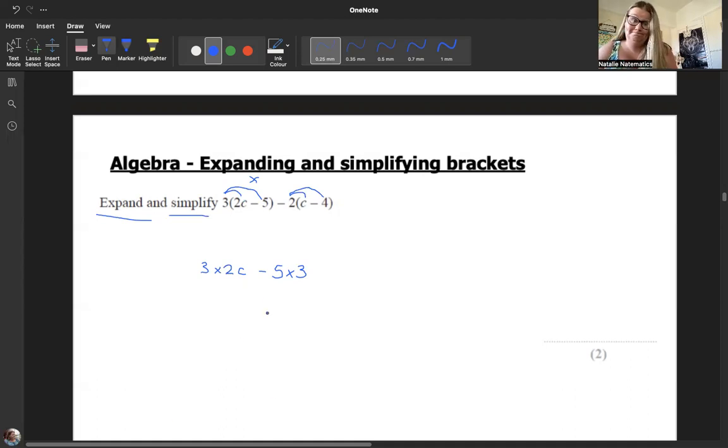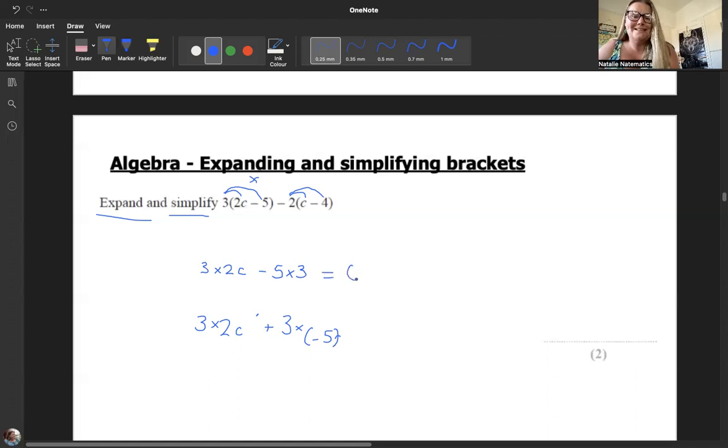You can, just letting you know, you could have done 3 times 2c, and then you can do plus 3 times minus 5. I'm trying to do this on the screen. So you can see there you're going to have 3 times 2, which will be 6.